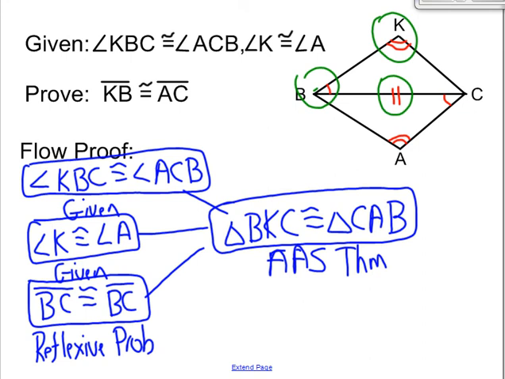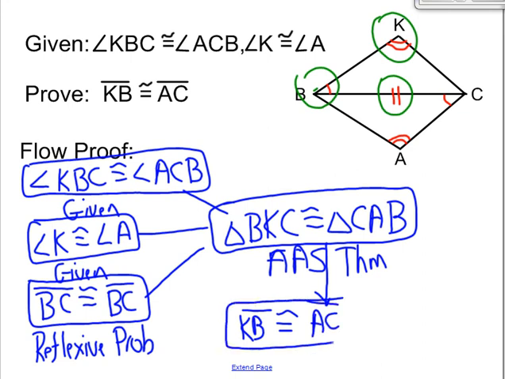Okay, and finally, with that in mind, I can now say that line segment KB is congruent to line segment AC. And why do I know that?